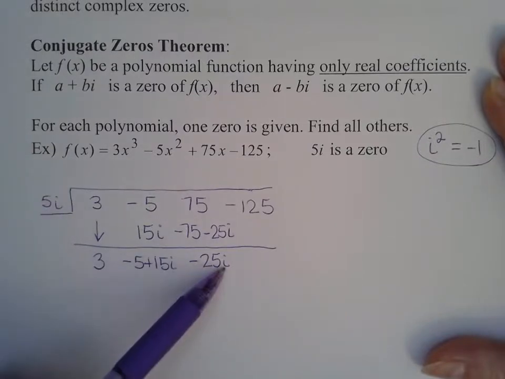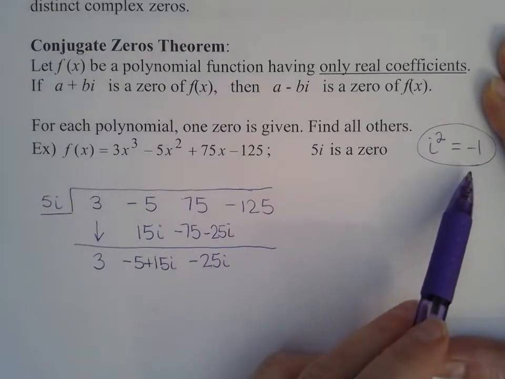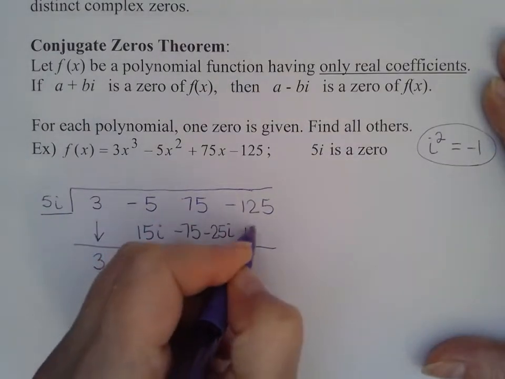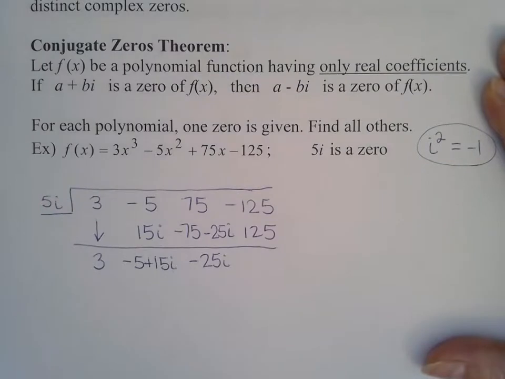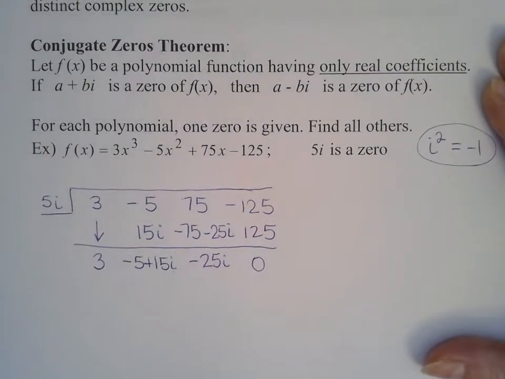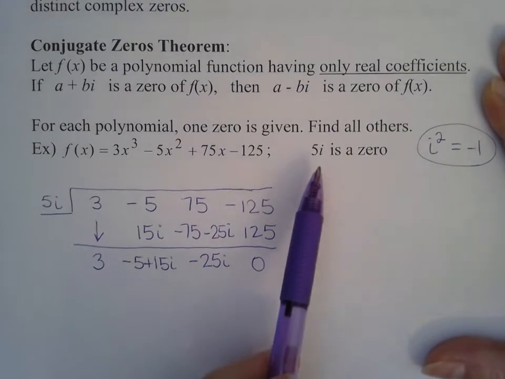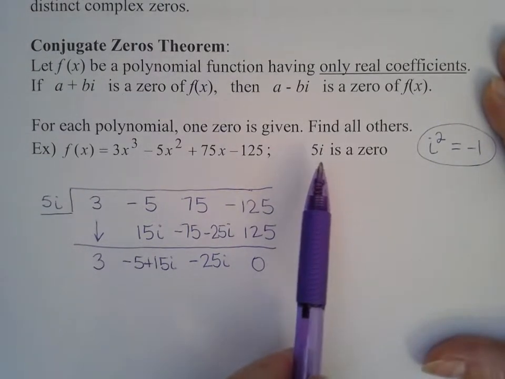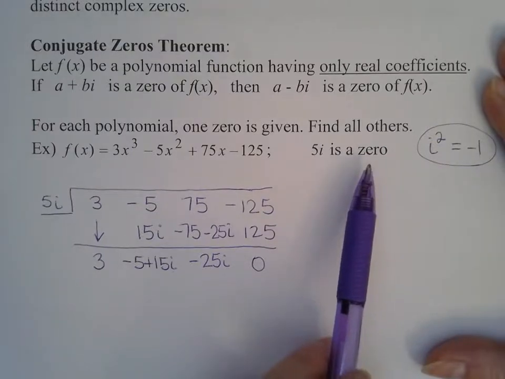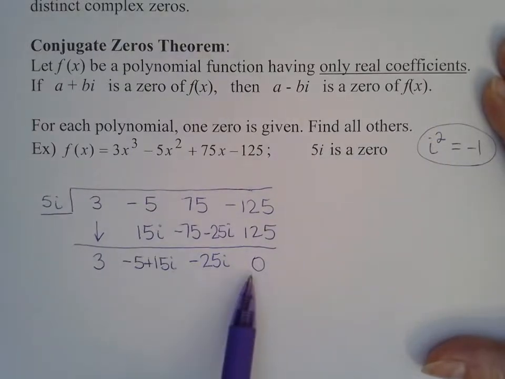I have i squared, which is negative, and I also have this negative, so that's going to become a positive 125 when I multiply it together. And then when I add these, I get 0. And because the question that we're working here tells us that 5i is a zero, according to the remainder theorem that we talked about last time, the remainder should be 0 because it should divide in evenly.